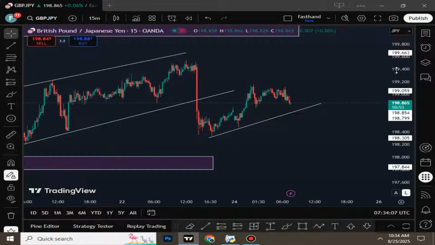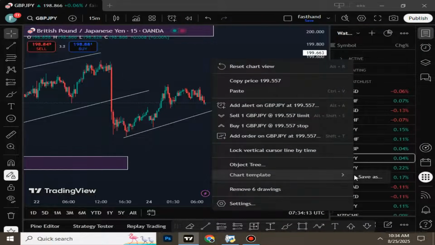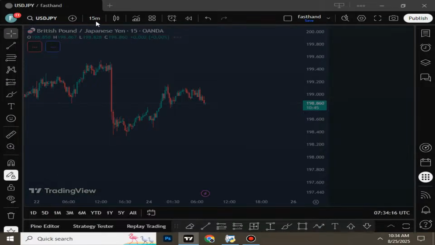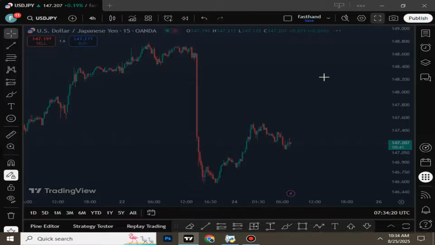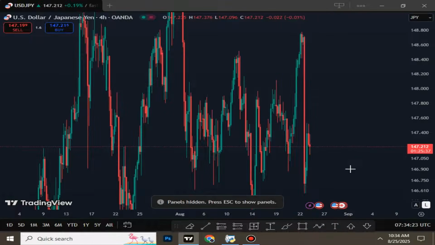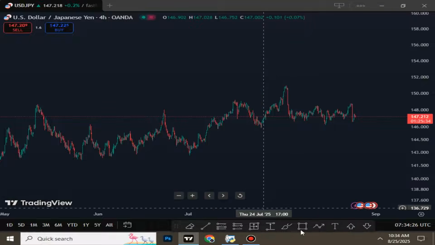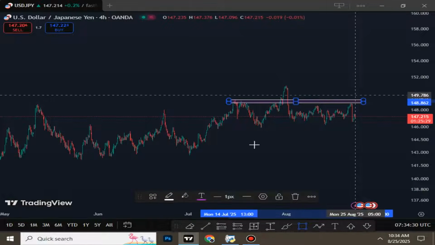So the next one I think should be USDJPY, and I think they're just the same. USDJPY, where are you? Right there. And I'll hit the 4 hour real quick. Good. Now USDJPY, remember our previous analysis, we also said that we should understand our price reacting around that level, correct?